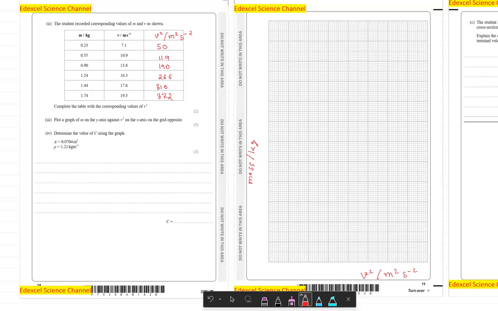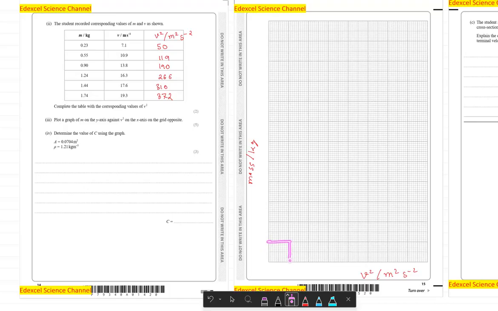When you are done with writing the quantities and the units, then you have to do the scaling. When you do the scaling, you have to make sure that your scaling is sensible. In the marking scheme, this is a keyword. They will say sensible scales. If you want, you can fit this entire graph in even one square, but that is not sensible.